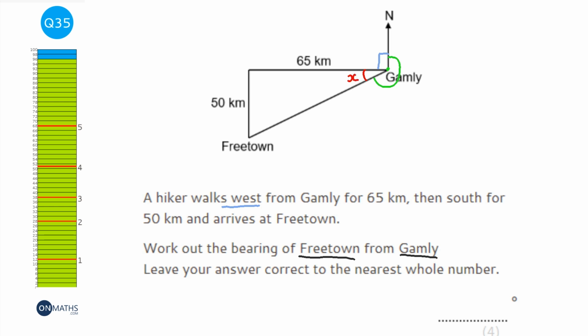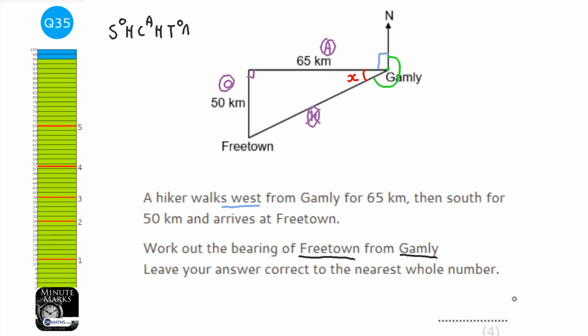So first step with trig is to label the sides. Well, the marked angle is the x, so the opposite here, and we've got the adjacent here, because we've got the 90 degrees here, because the angle between west and south is 90 degrees, and we've got the hypotenuse here, which we don't need. Then I do my SOHCAHTOA, and it's obviously going to be TOA that we're going to use.